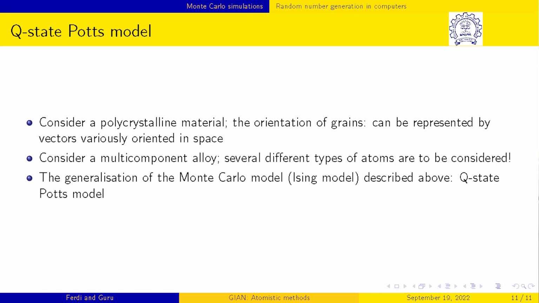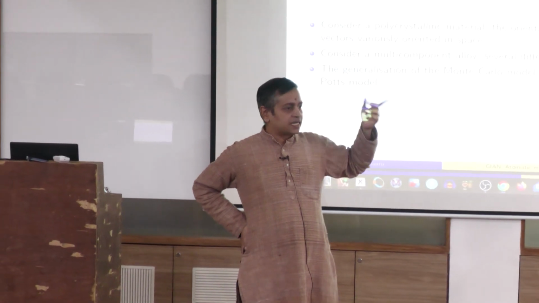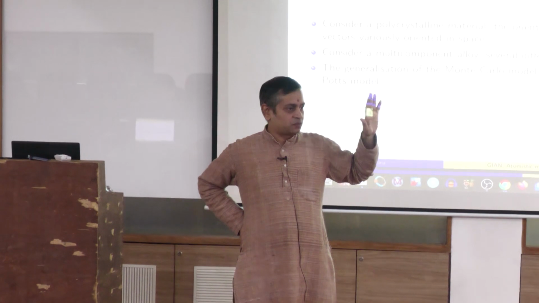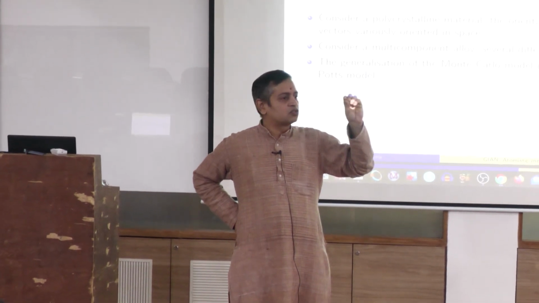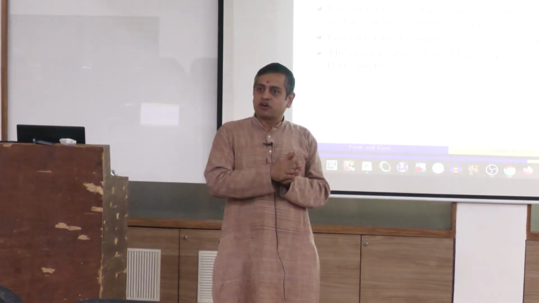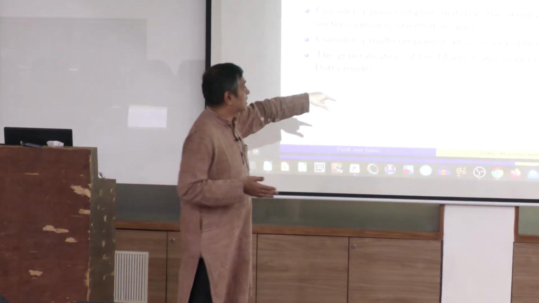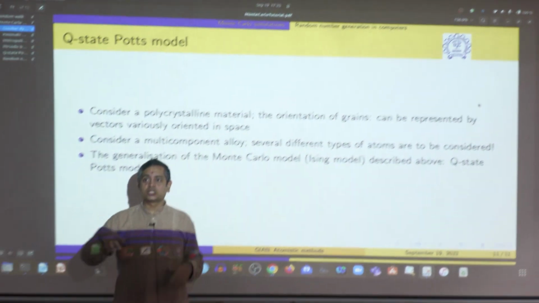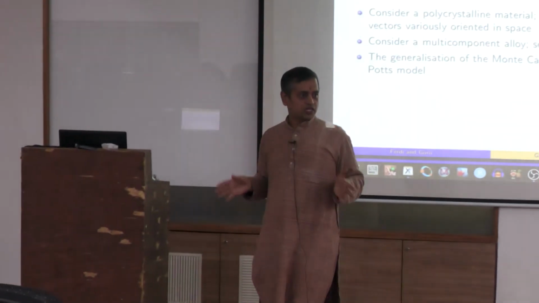So, if you have 10 atoms, how do I use this model? There is a generalization which is called the Q state Potts model. So, you start giving numbers 1, 2, 3 etc. and you treat them the same way that I am doing. It is a straightforward generalization of what is known as the Ising model. Ising model has 2 states and you can take it to Q states, and that is called a Potts model.